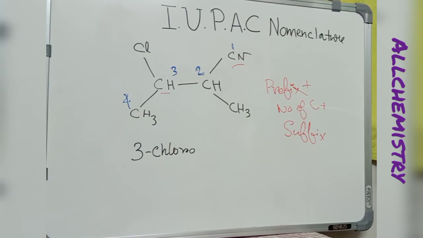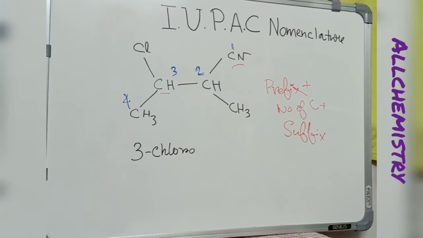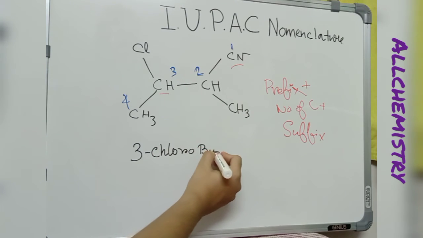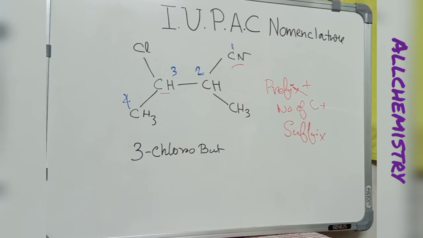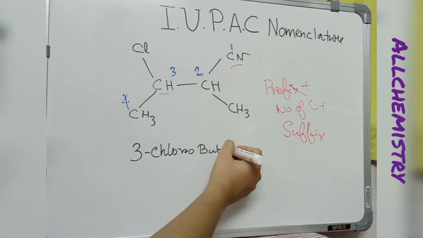Then we will take the number of carbon, which means this is a 4 carbon chain. So we will take meth, eth, prop, but: 3 chloro but. Then comes the priority group, which means the first priority is cyanide, and the suffix of cyanide is nitrile. So we will write 3 chloro but.